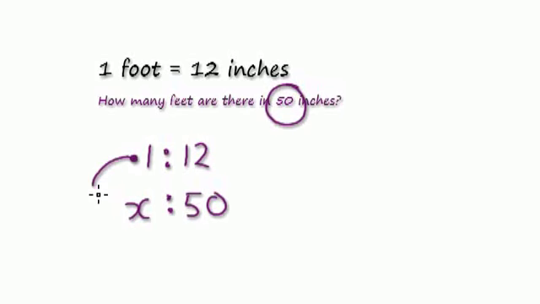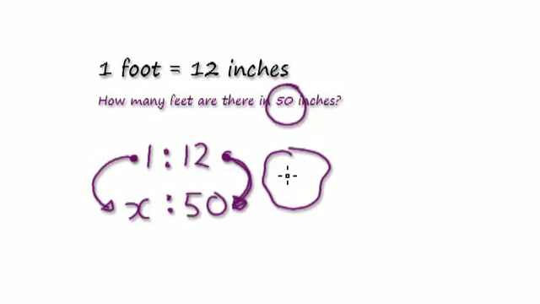Ultimately, you want to start from the 1 and jump into the x. So you need to find a multiplier that would take you from 12 into the 50. So the multiplier would be destination, always the destination, divided by the original here. So this here would be our multiplier.